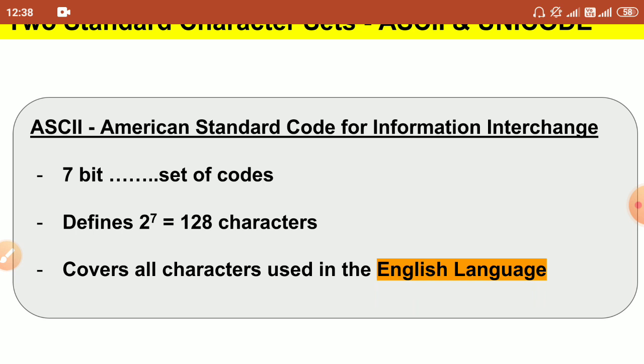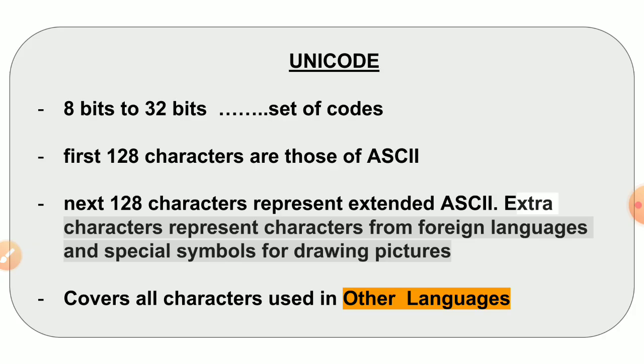The second standard is Unicode. So Unicode is also similar to ASCII, but why do we need Unicode? If it is similar, why do we need another set of codes?